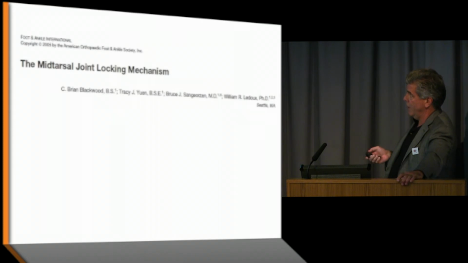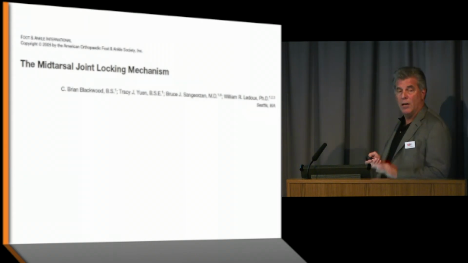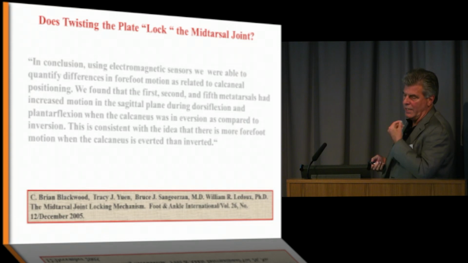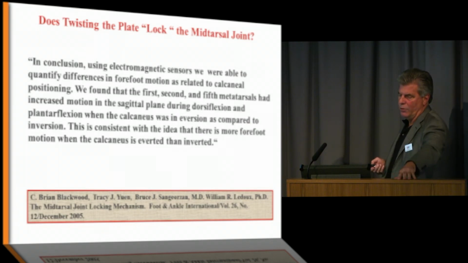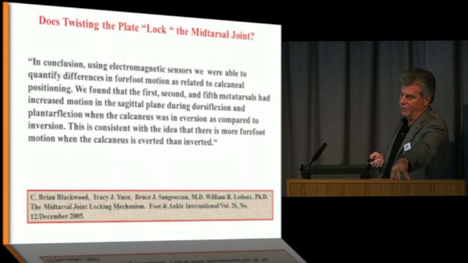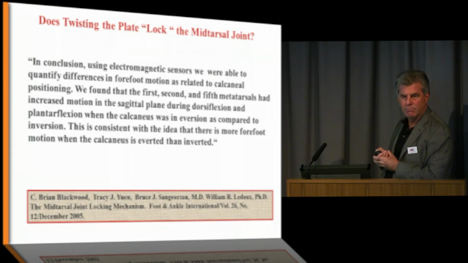Blackwood's paper, which I've quoted a lot in my lectures, validated that there actually is a mid-tarsal joint locking mechanism that occurs in dynamic gait. And they concluded that using sensors, they were able to quantify differences in forefoot motion as related to calcaneal positioning. Basically, there is more forefoot motion when the calcaneus is everted, untwisting the plate.